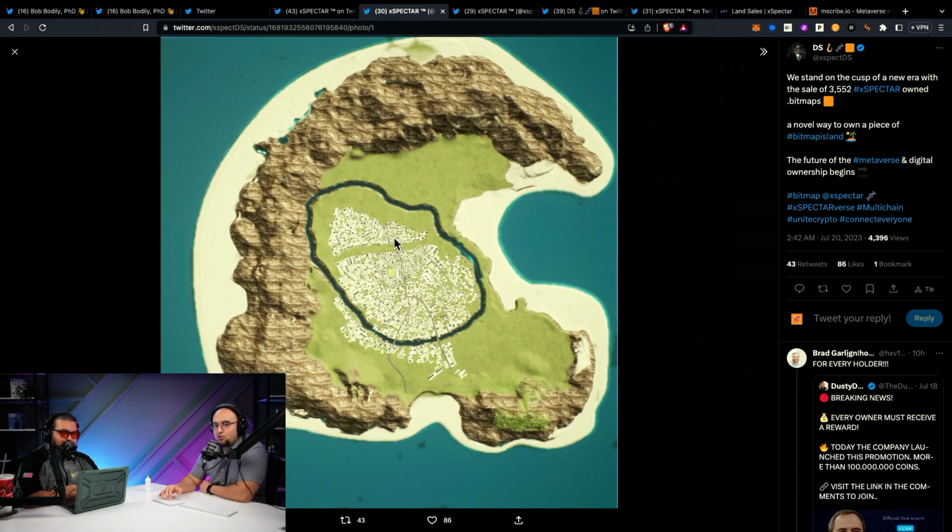Yeah. The parcel holders of this island are going to be sort of like in the city. They're going to be building here and deploying content here, but the district owner can be deploying content out here. Correct. I'm not saying that this is going to happen with xSpectre or any other project. This is just one interpretation of implementing the bitmap standard.